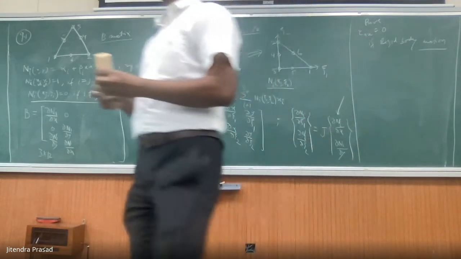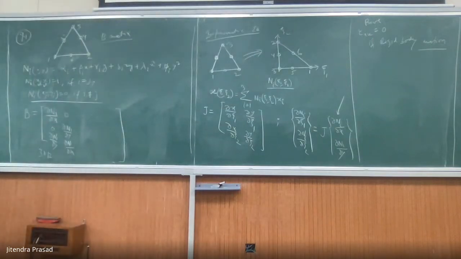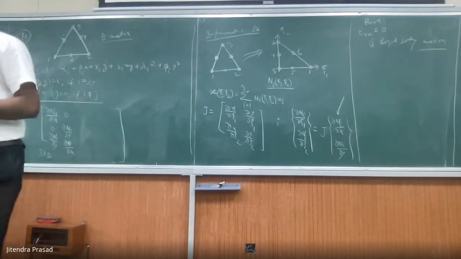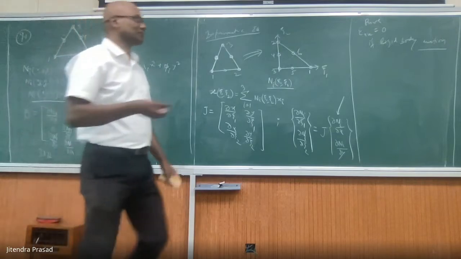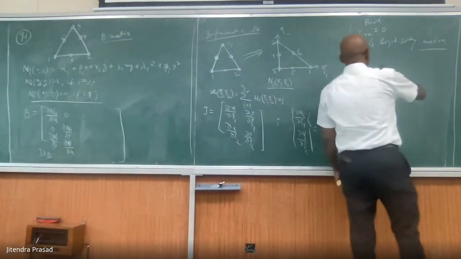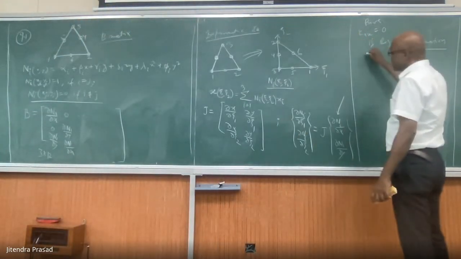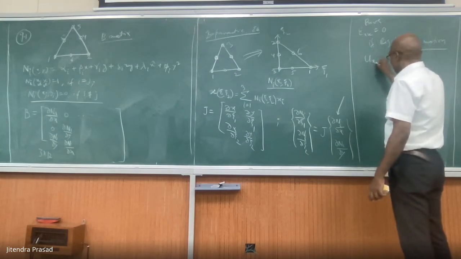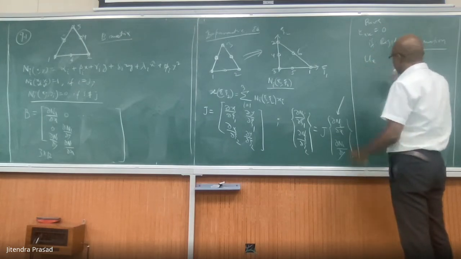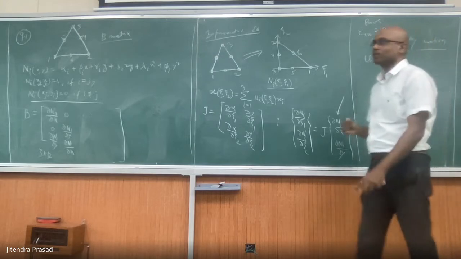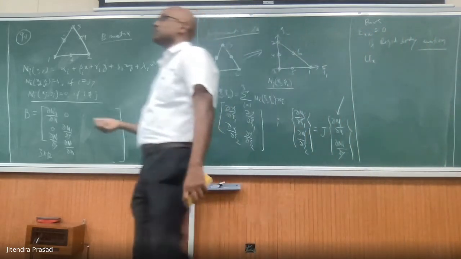What is the meaning of that? Yeah, no movement into points. 0 is not correct. This really means they have some relationship between ux and uy. Right? It will not be 0.